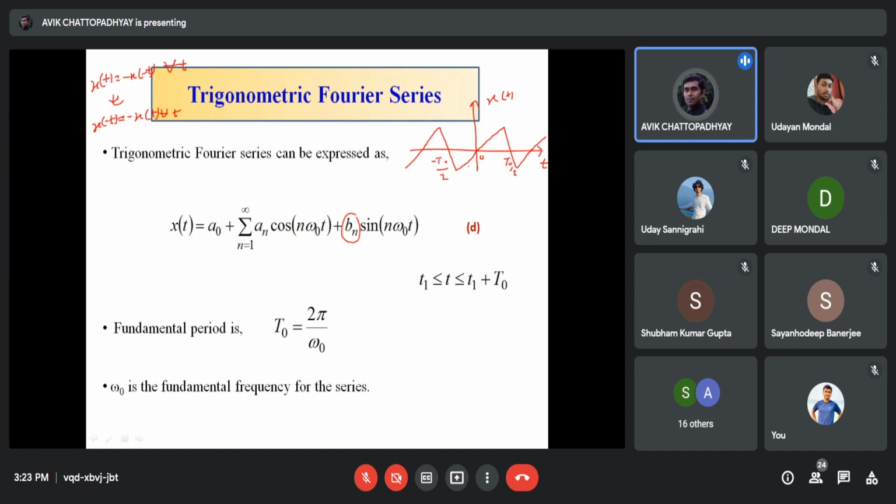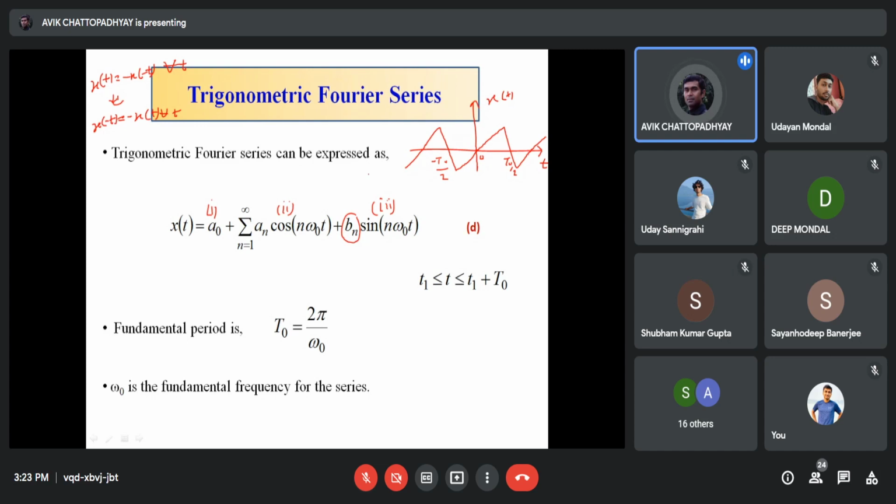So again, if you consider this general expression of Fourier series, this one, now in this case, as I mentioned in the last case, term 1, term 2, term 3. Obviously, as the function itself is odd, we have to retain the property of oddness.